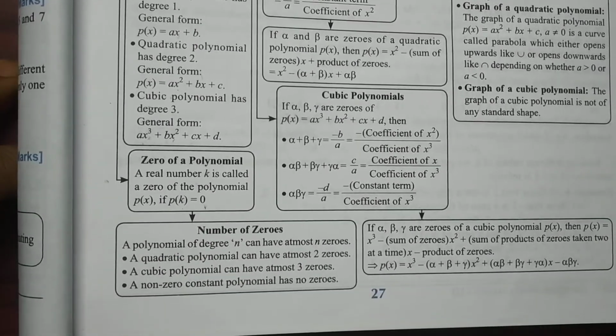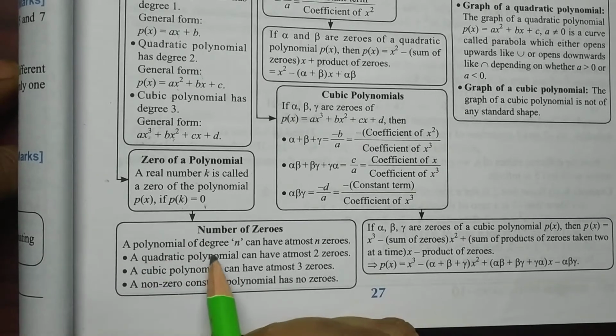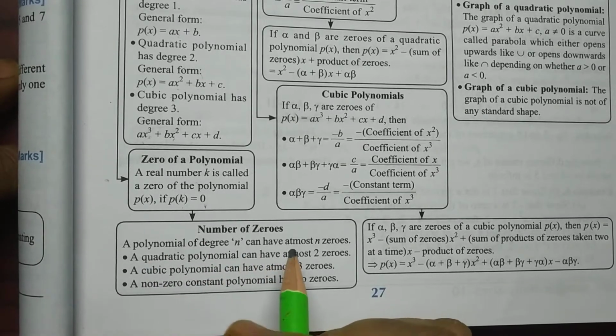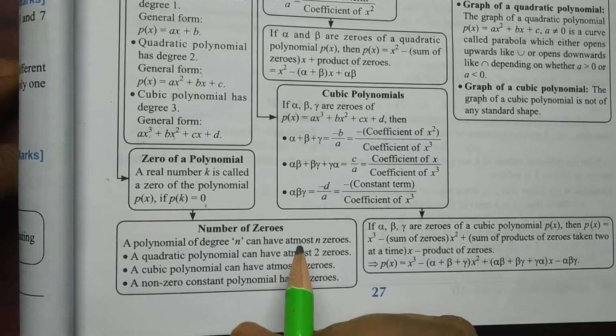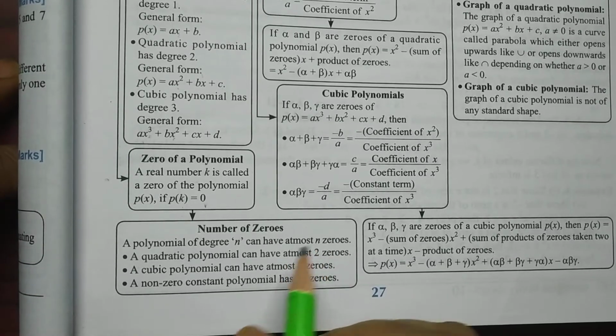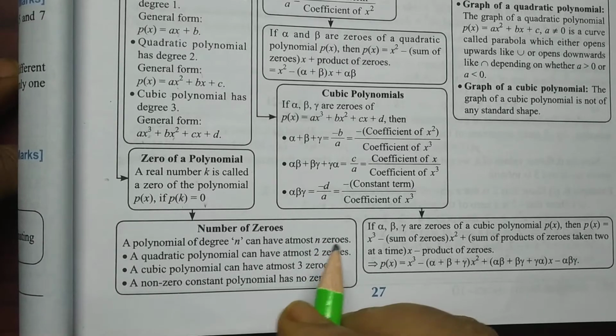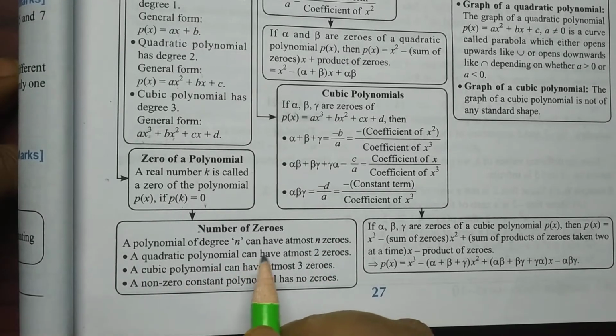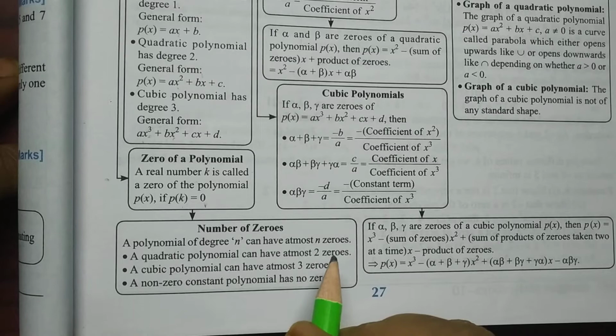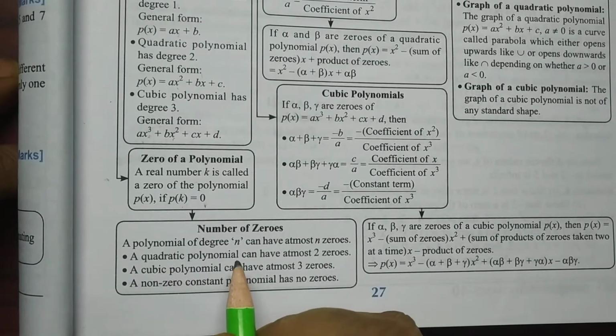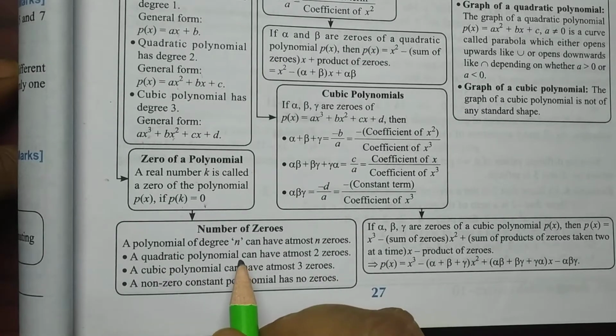Now the number of zeros. A polynomial of degree n can have at most n zeros. If it is degree n, then how many zeros are there? n zeros. A quadratic polynomial can have at most 2 zeros, because in a quadratic polynomial the degree is 2.